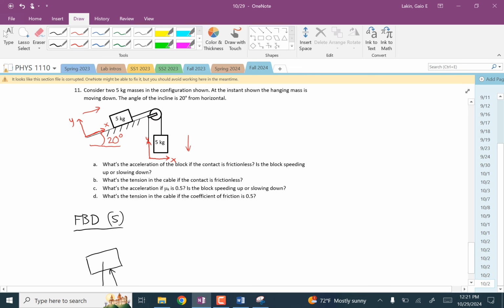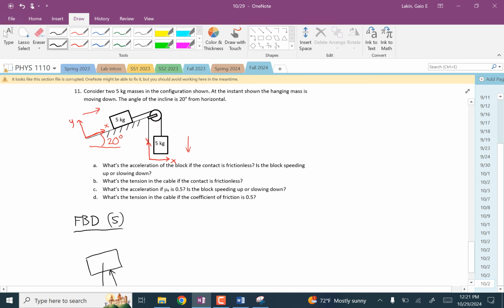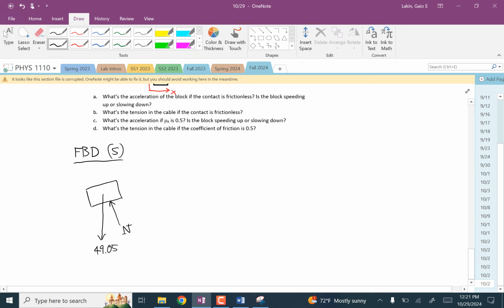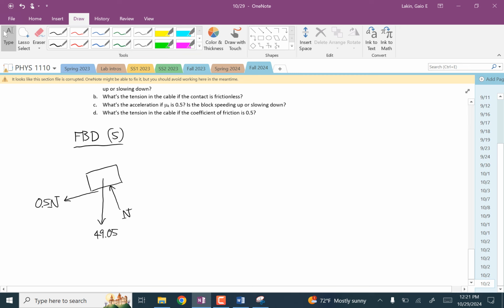And then we have a friction force opposite the direction of motion. So in this case, this friction force is this way, and that's the coefficient times the normal force. And we have to think about the components of that weight force vector.